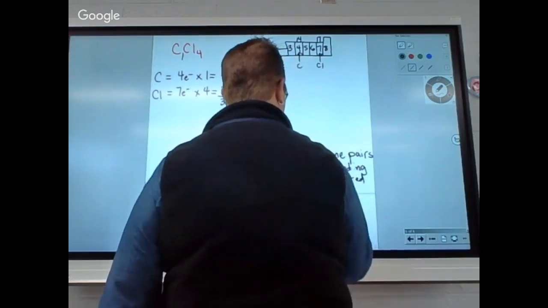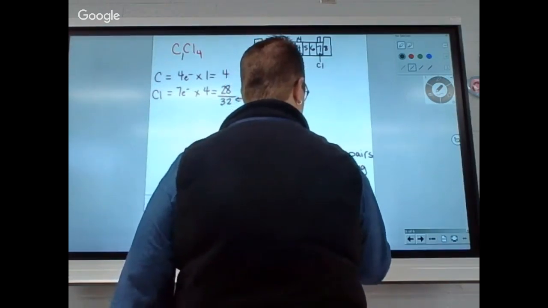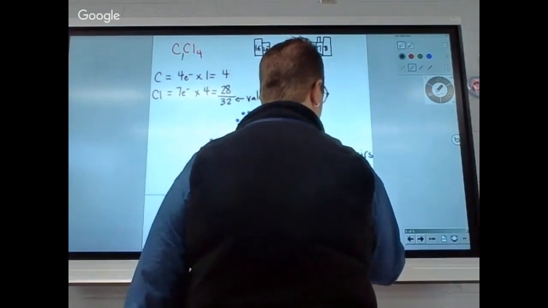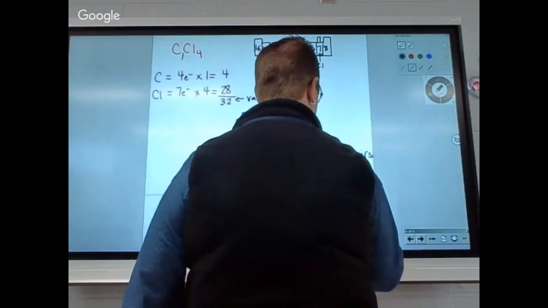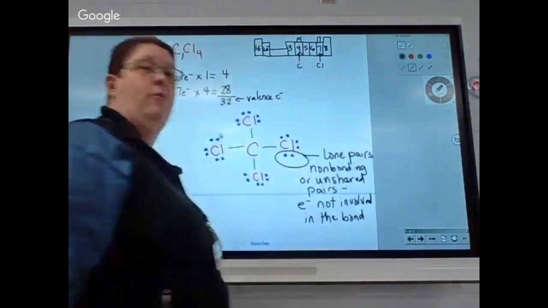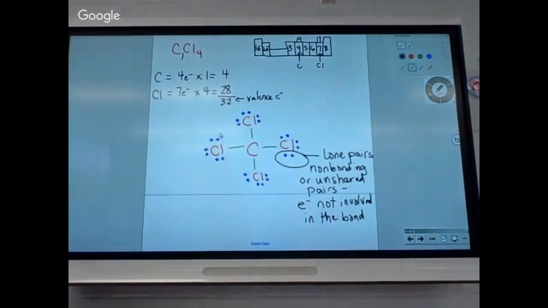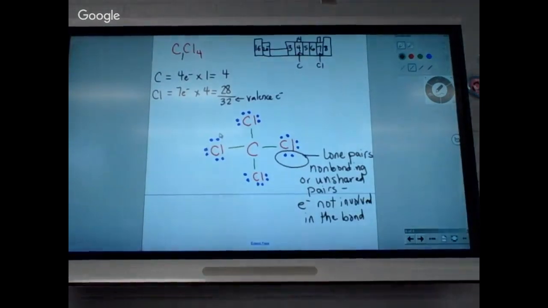It means there are electrons not involved in the bond. They will be very important tomorrow with geometries. Okay? They're called lone pairs, non-bonding pairs, or unshared pairs. They're the electrons not involved in the bond. They are incredibly important tomorrow.